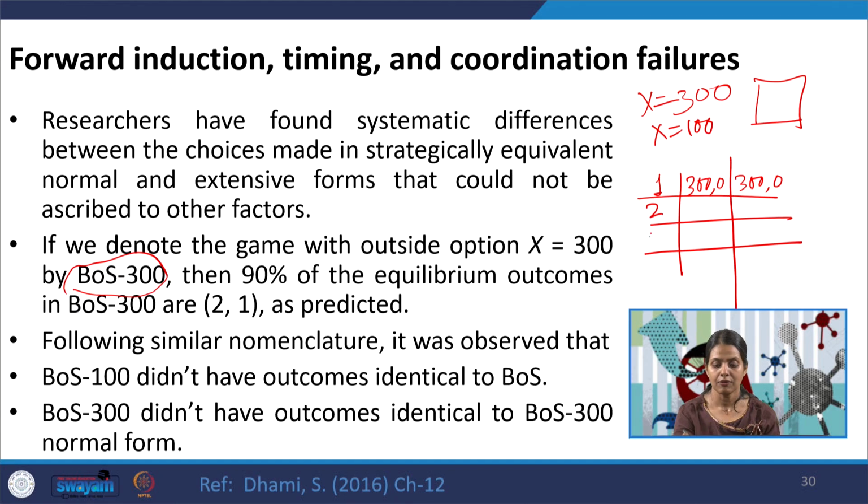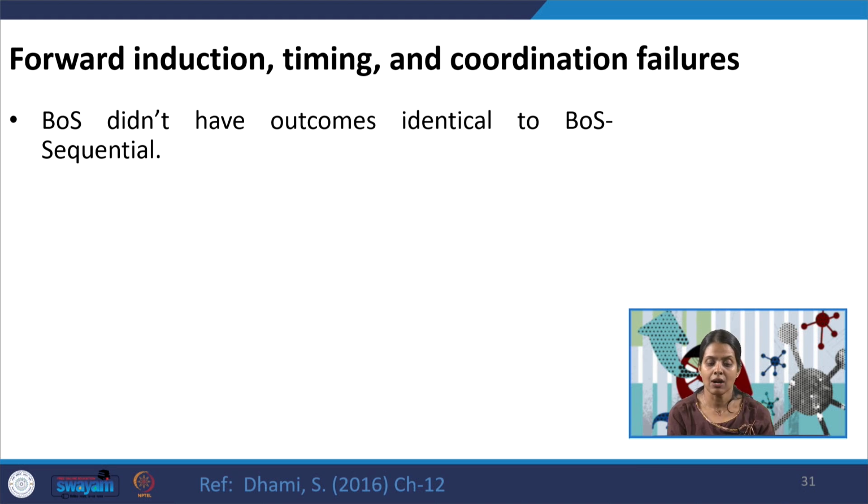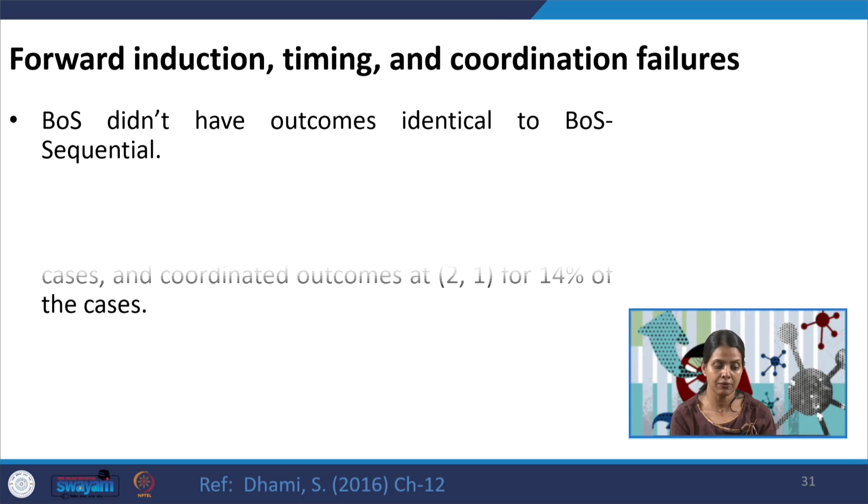After that, for strategy 2 and 3 for player 2, these are 1 and 2, the payoffs would be identical, like 0 0, 200 600, 600 200 and 0 0. BOS did not have outcomes identical to BOS sequential. Again, this implies that, as classical game theory suggests, there should not be an impact of framing. So, BOS normal form and BOS sequential should give us the identical outcome, but that we did not find.